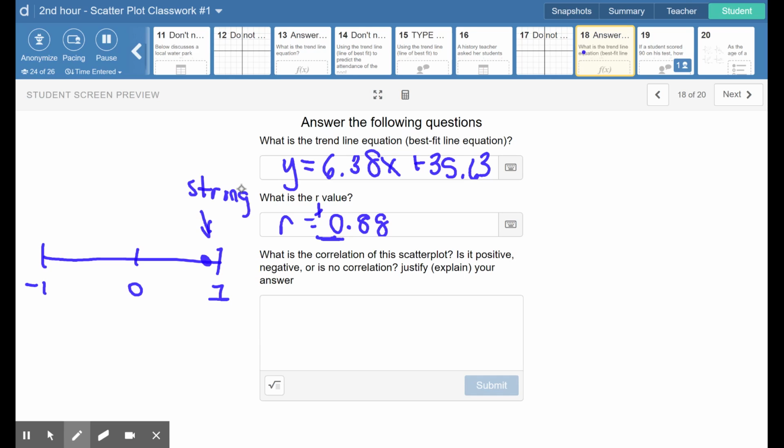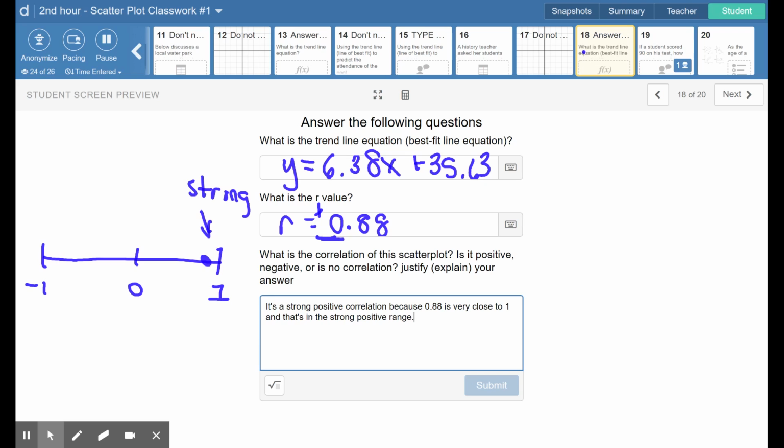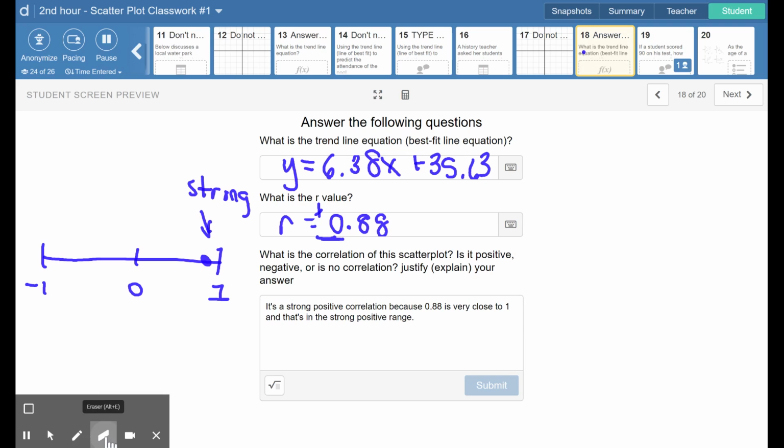And since it's a positive correlation, it's a strong positive correlation because 0.88 is very close to 1, and that's in the strong positive range. And of course you can word it differently, but as long as you use the word strong and positive, it will be fine enough for me.